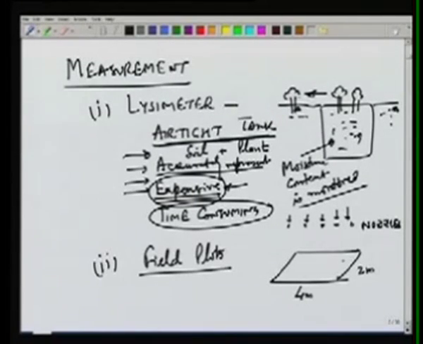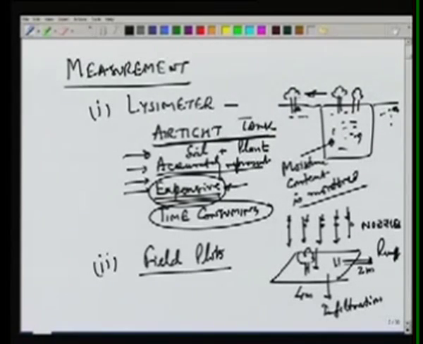Then there will be some runoff which will be measured. The amount of water which is infiltrated can also be measured. So the amount of water coming in, then there will be some transpiration from these plants, some evaporation. So the field plots are under very controlled conditions.